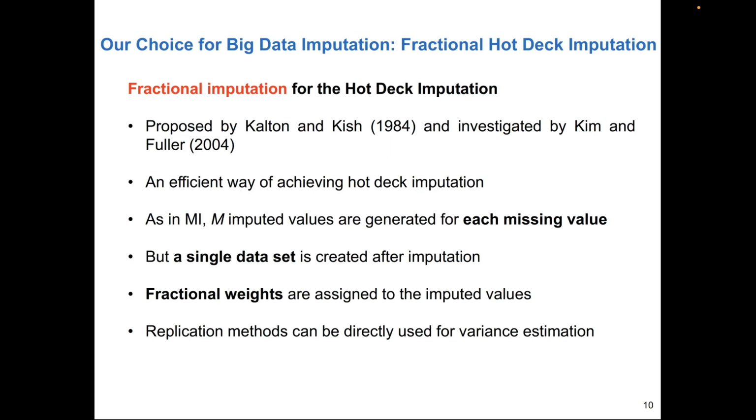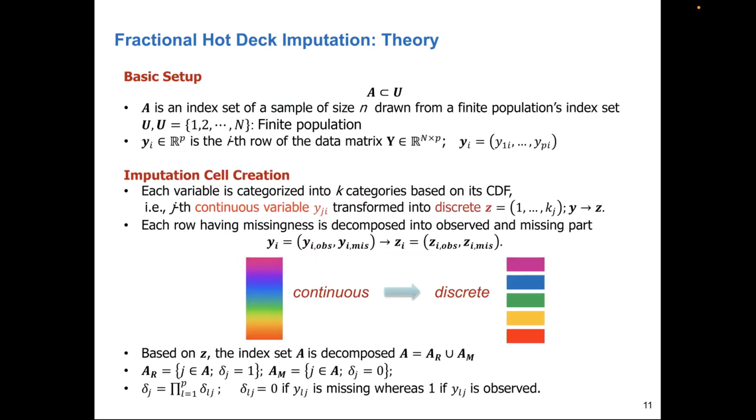We call that the fractional weight of the data. How can we find that weight or importance? There is some theory about that, which is why we call it fractional imputation. In sum, we call it fractional hot deck imputation, FHDI.